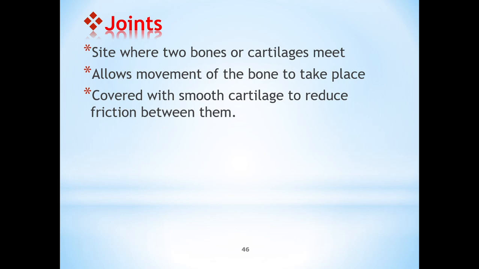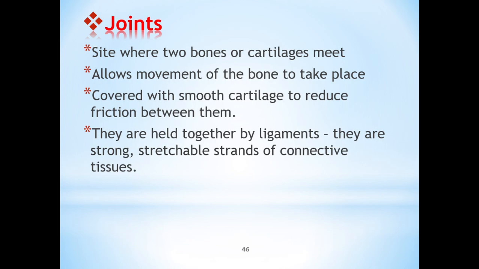Kaya nga, when you move, you do not feel any pain, any heat, okay? Because there are cartilages that reduce the friction that will be produced between two bones. They are held together by your ligaments. They are strong, stretchable strands of connective tissue.